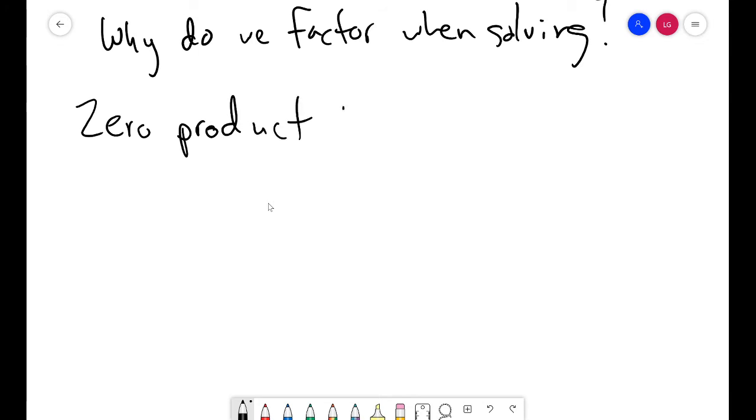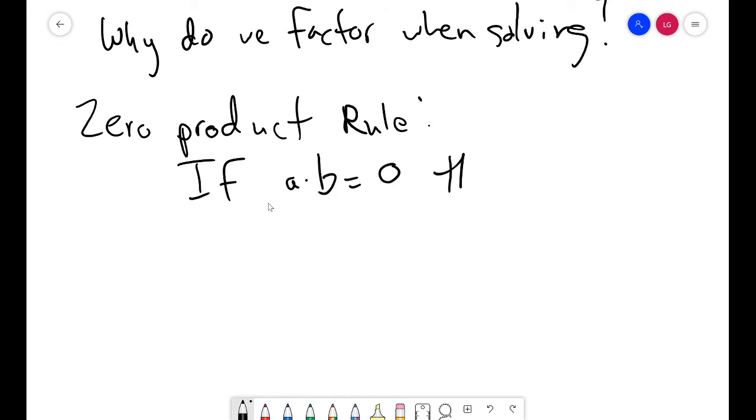I've referred to zero as an important number when it comes to multiplication and addition for that matter. So if two numbers multiply together to be zero, then either A is zero or B is zero.